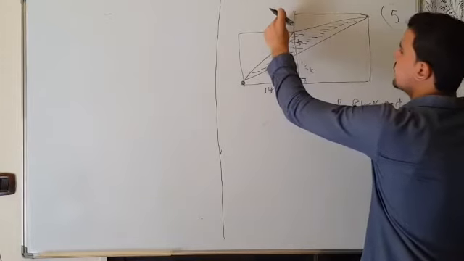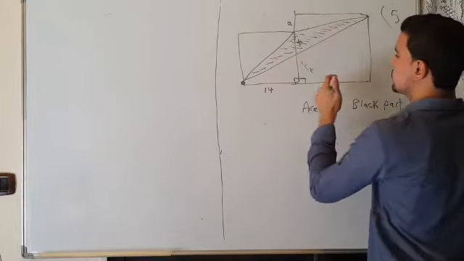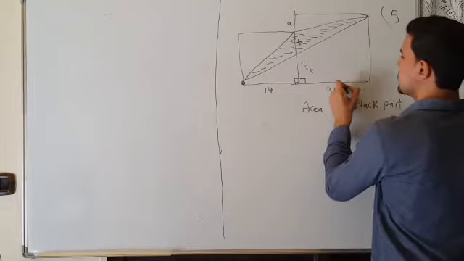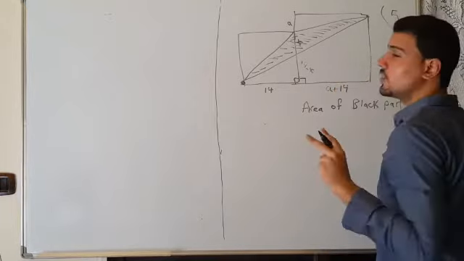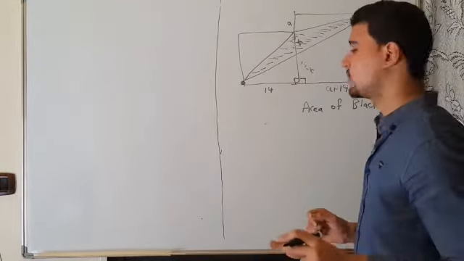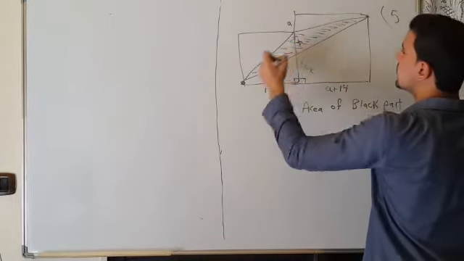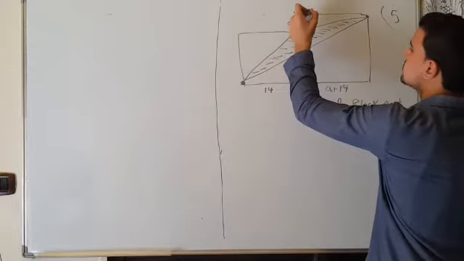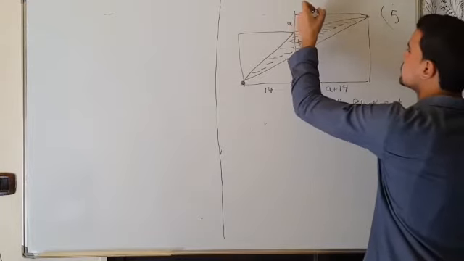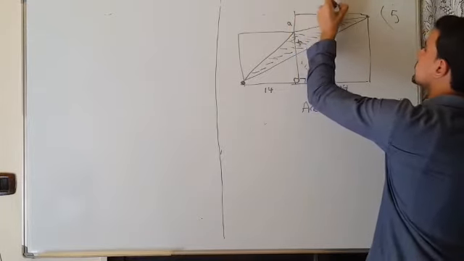The side now is a plus x plus 14, so it is a plus 14. So there is only two variables, okay? And I have a plus 14.